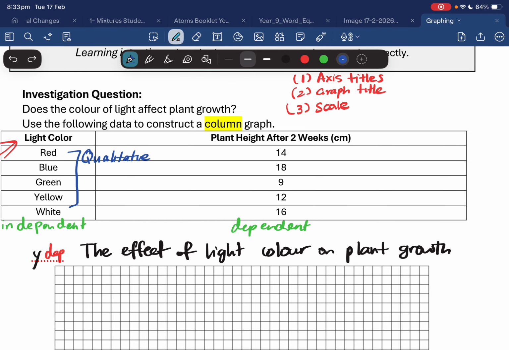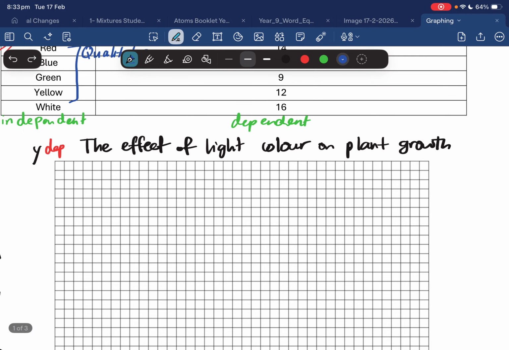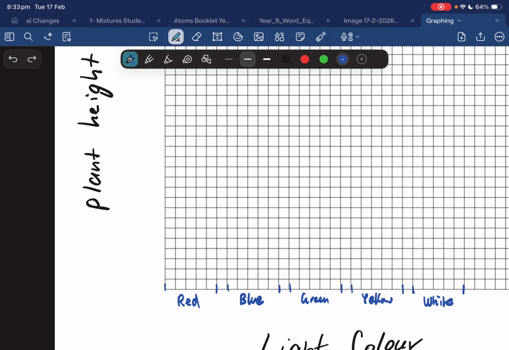When you're making your scale, you have to decide what number you want each box to represent. Or another word that it might be said in math is what number do you want to go up by each time? Okay, for example, in my specific data, let's just say I want to go up by 2s or go up by 3s. It doesn't matter. I can even go up just by 1, but as long as that number is the same.